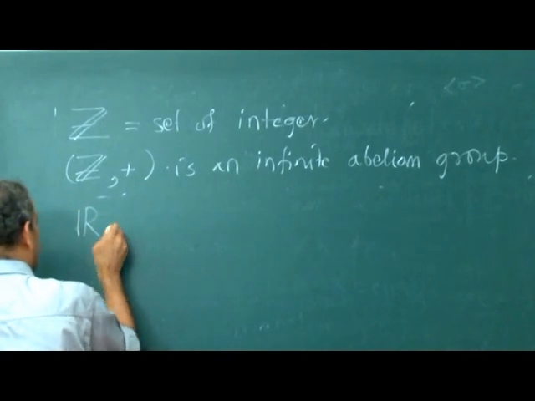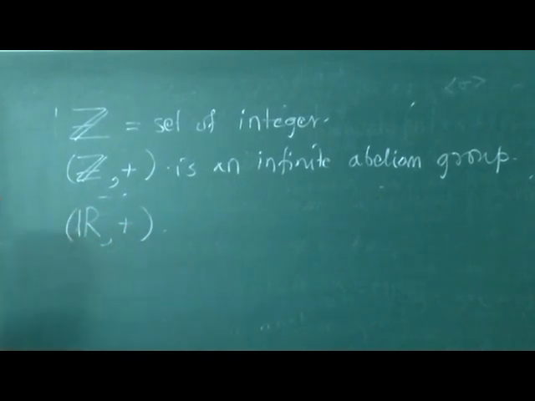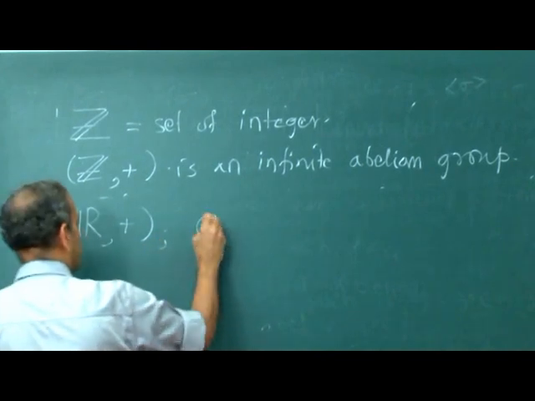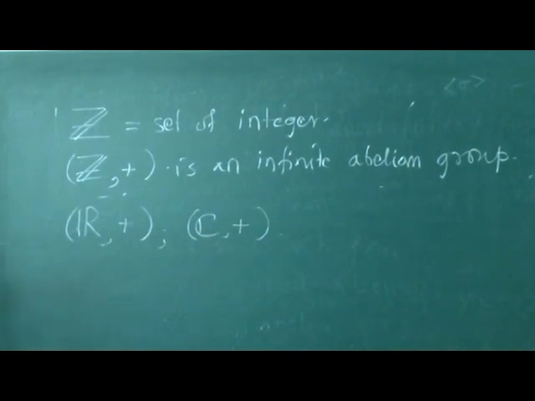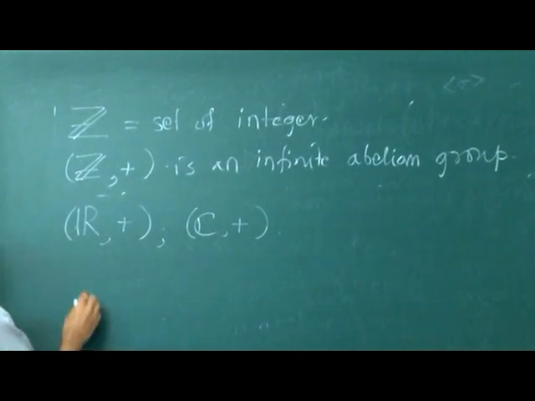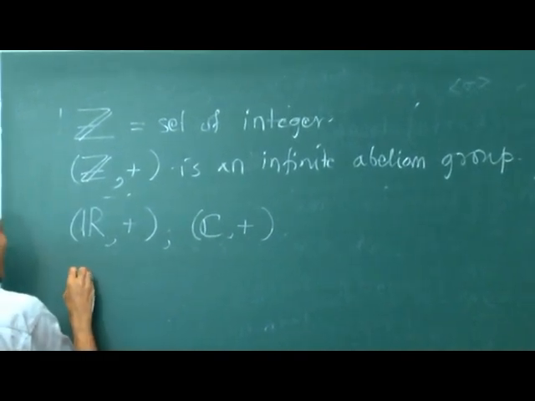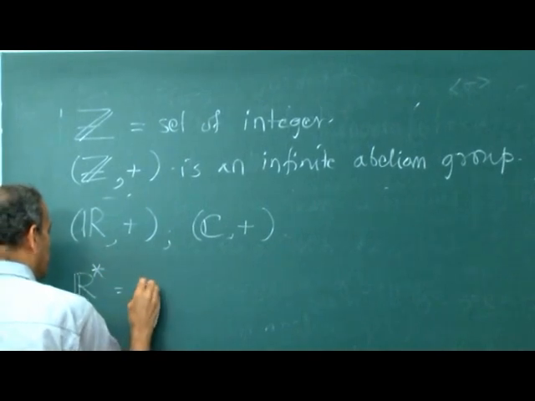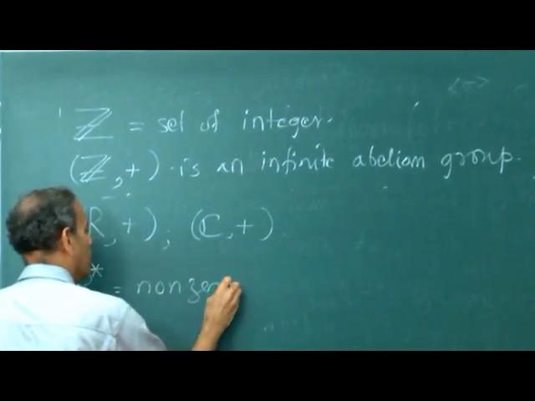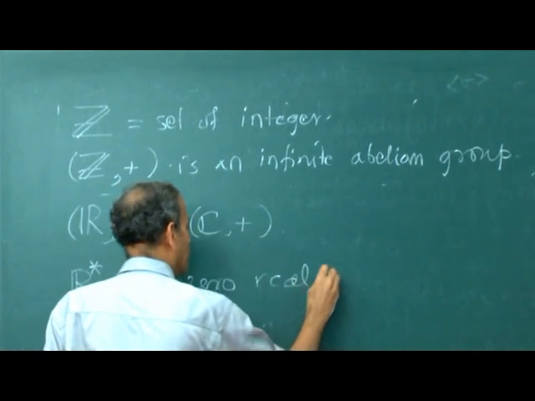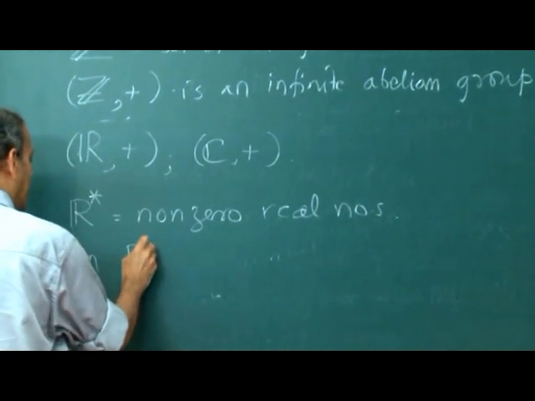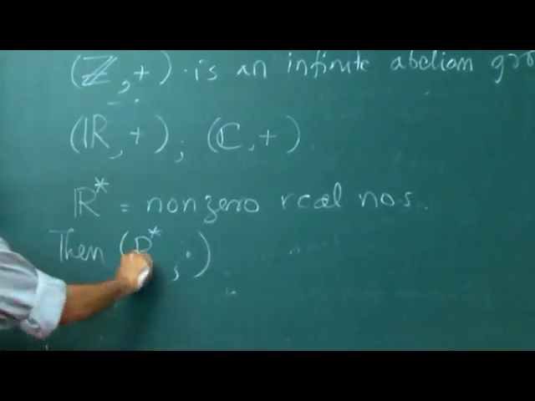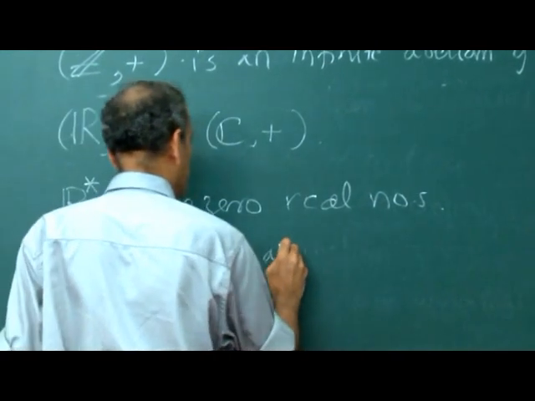Similarly, R plus, the set of all real numbers, then C plus, the set of all complex numbers under addition. Again 0 is the identity here and 0 is the identity here. Then you take R star, the non-zero real numbers. Then R star under multiplication is an abelian group.